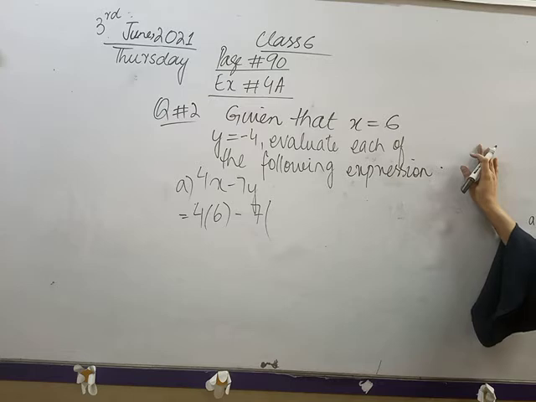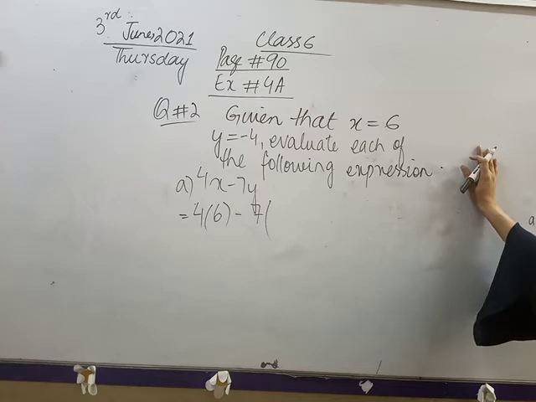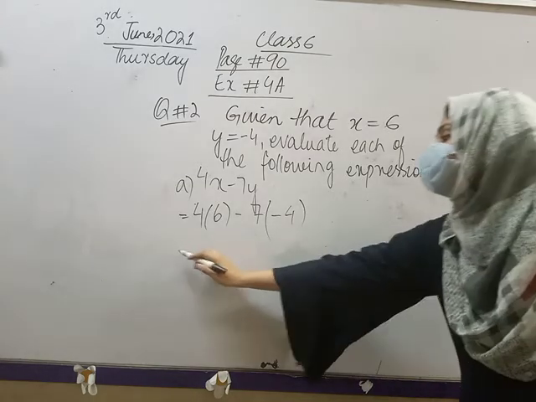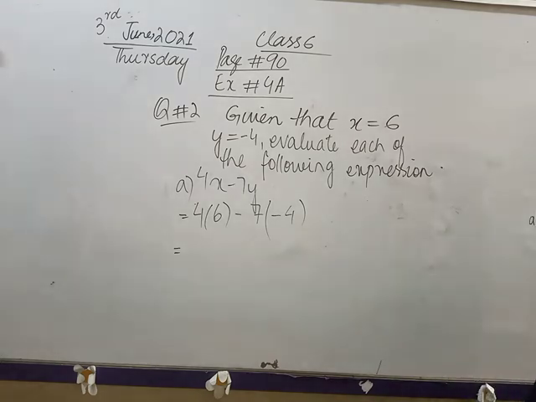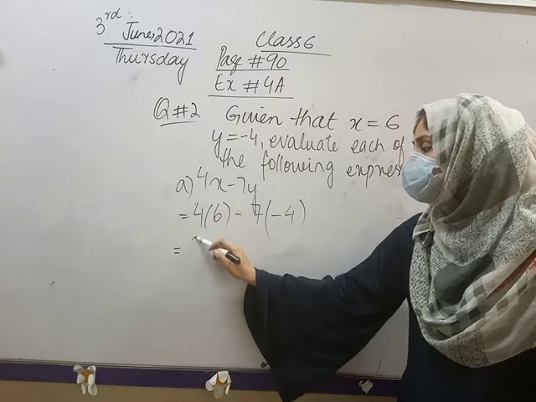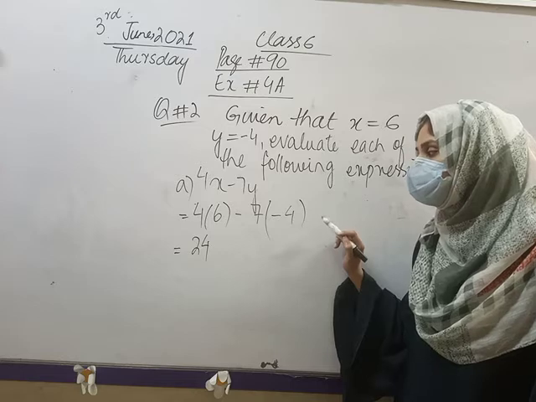What is the value of y in it? Y की वैल्यू क्या है यहाँ पर? -4. According to statement we have given the value of y which is -4. I will write -4 here. Fine class? Okay. In next step we will simply multiply the numbers which is 4 into 6 which is 24.